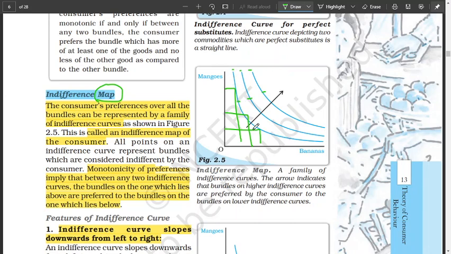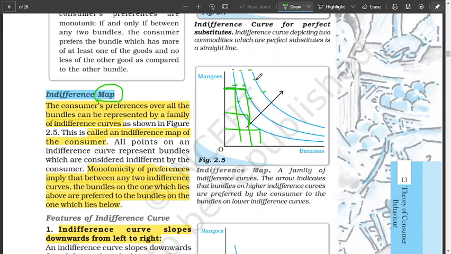If you are on this curve, you are satisfied with these combinations, but if you are on this curve, you prefer this curve over this one, because by consuming on this curve, you will be able to consume more bananas without sacrificing. With the same mangoes, you can consume more bananas.